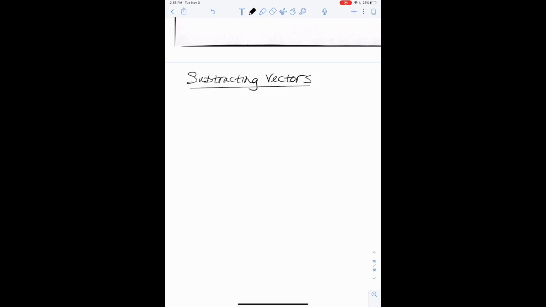So what we want to do when we're subtracting a vector, so let's say we have A, what we're gonna do is we are going to follow the rules for vector addition.